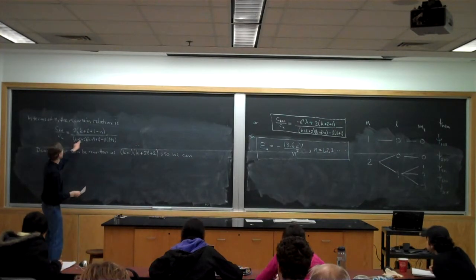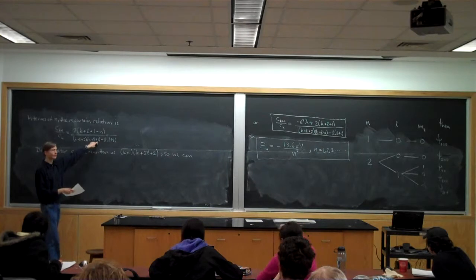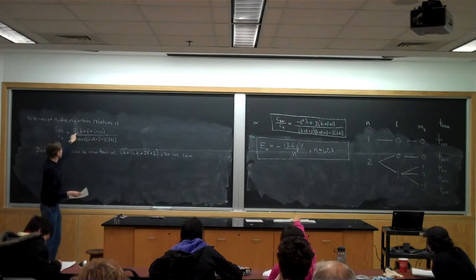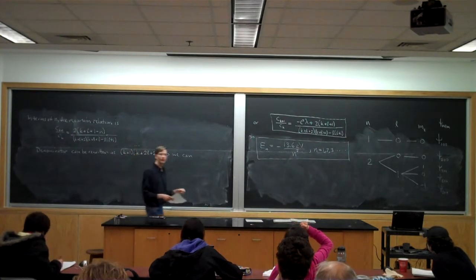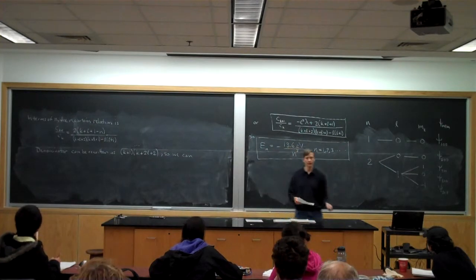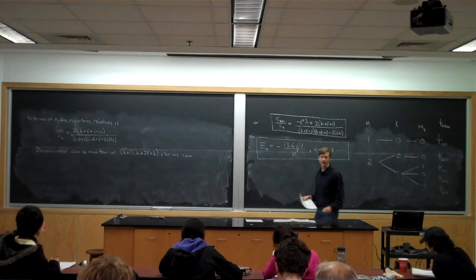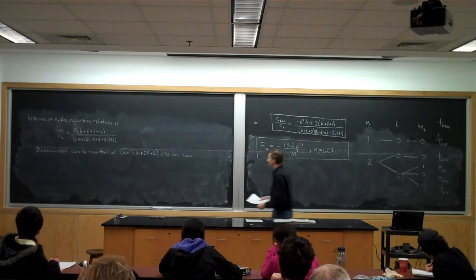I'm taking the denominator here in this expression. The e squared lambda is 2n. Remember, that was our condition for the termination of the series, e squared lambda is 2n.